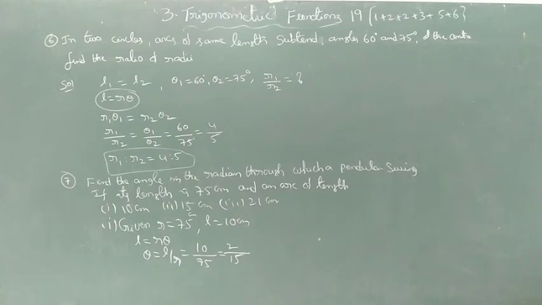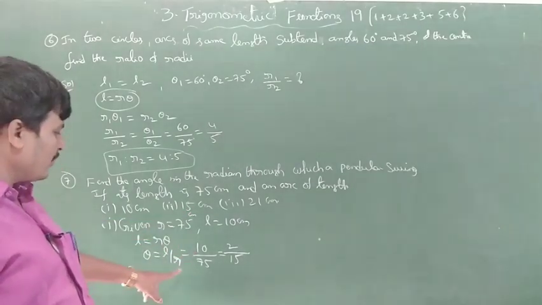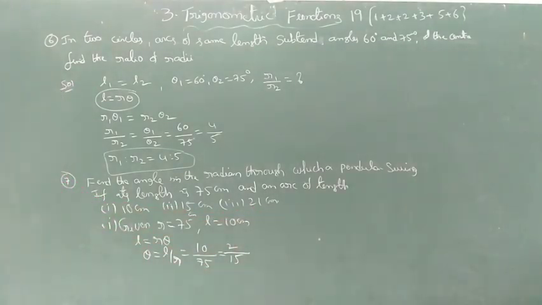Second problem, R is equal to 75, L is equal to 15. Third problem, R is equal to 75, L is equal to 21. So the second and third are homework.